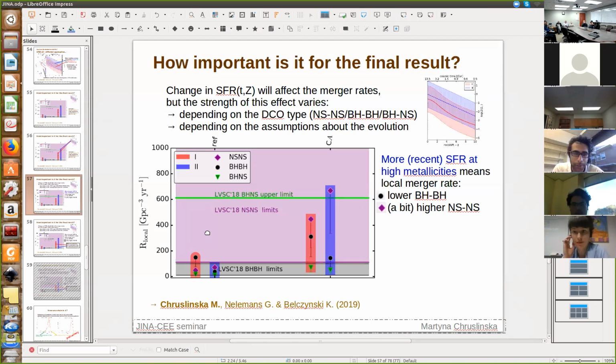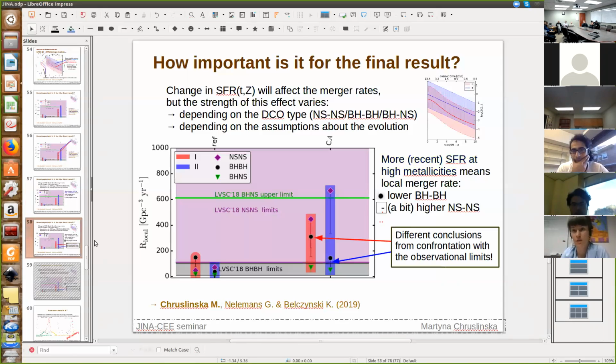I thought that you had been mentioning that both have problems either way, but it sounds like one of them is more consistent with both the black hole and neutron star merger rates. Yes, maybe I went through this too quickly, but what I meant here is exactly this. If we look at the red bin, I'm not sure if you can see the cursor now. Yes. Okay, great.